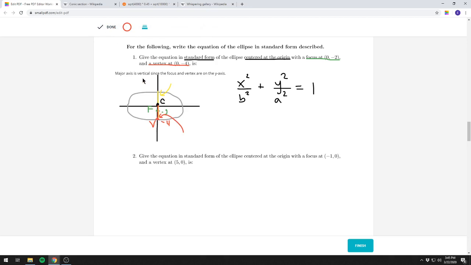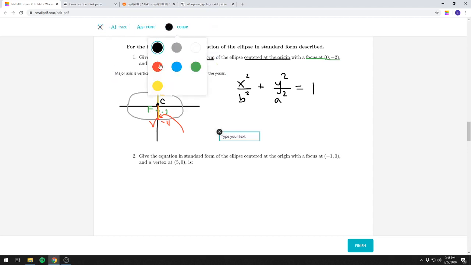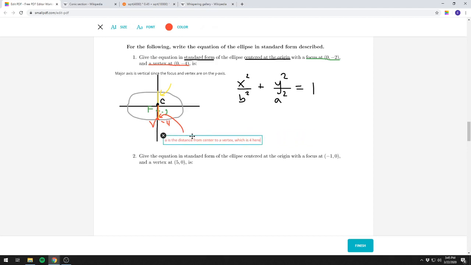So that would be the distance there. So already, just from looking at that, we know that a equals 4.